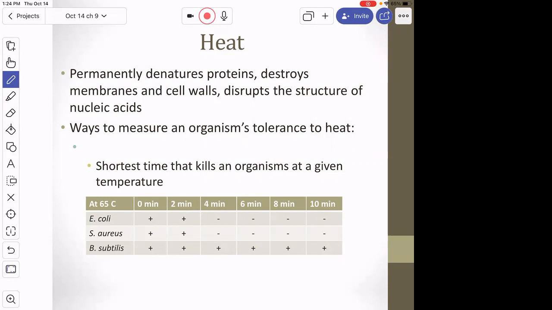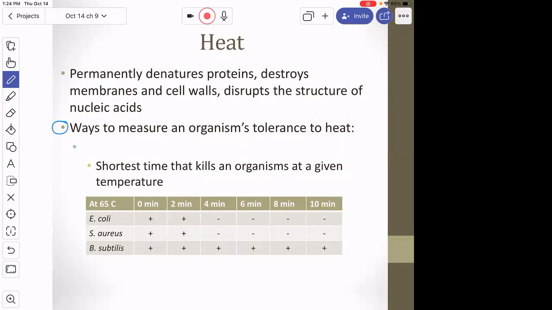What we were testing in lab this week is a way to measure an organism's tolerance to heat. Some organisms can withstand higher temperatures than others.